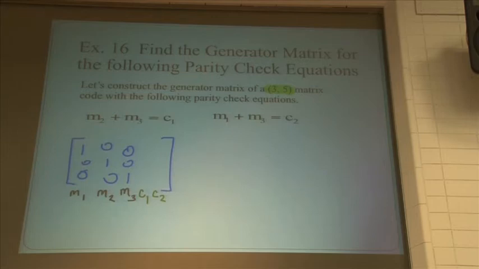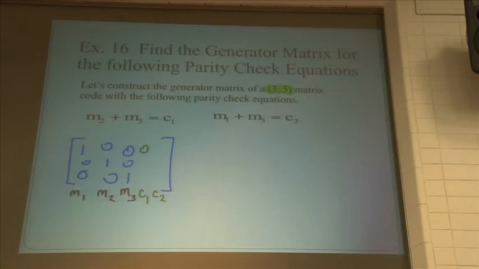For C1, we're going to do all of the first check bits for each of the 3 rows. So the first row, 1, 0, 0. What's the first check bit according to the formula that we gave you up here? Add M2 and M3, 0 plus 0 gives us 0. Second row, next one down, 0, 1, 0. Calculate the first check bit for the second row.